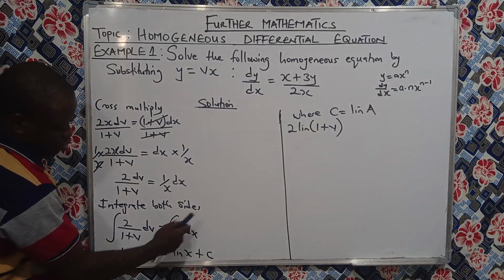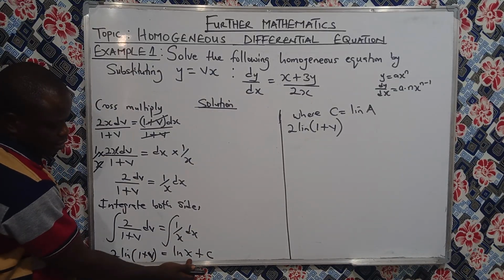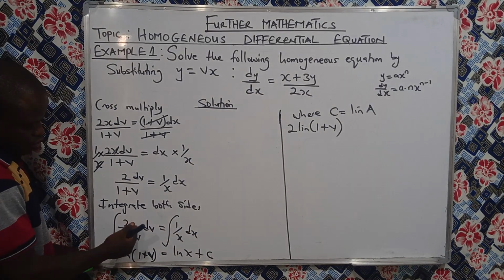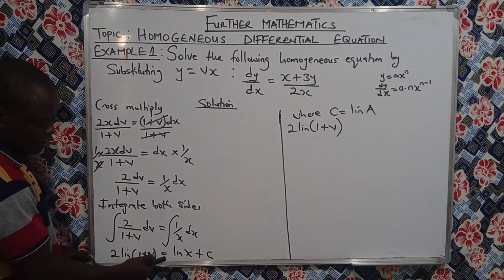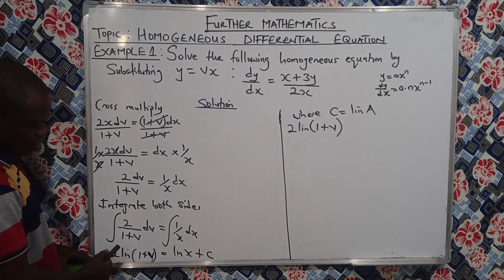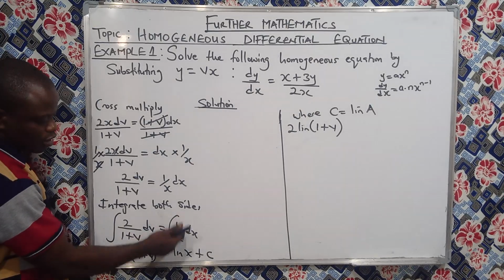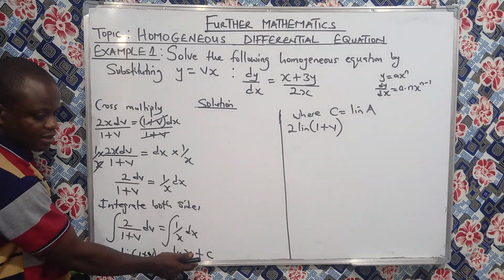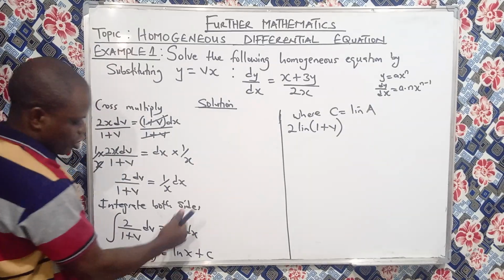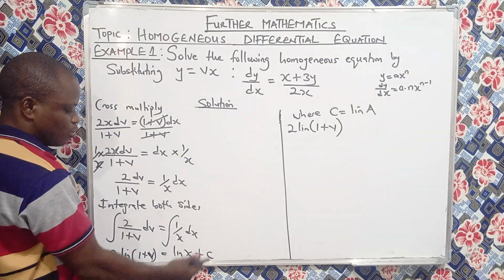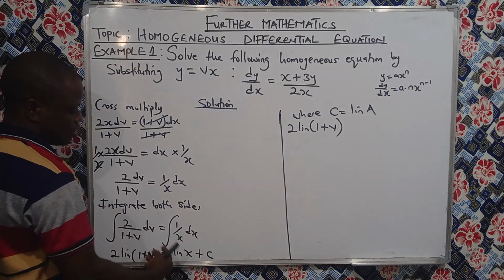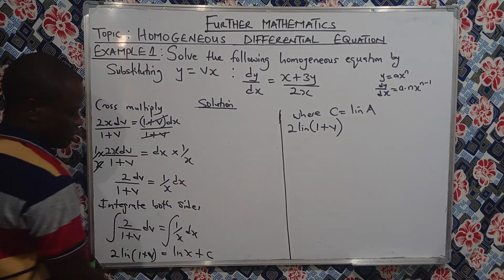This expression, when you have 1 over x, you just write ln x. 1 over 1 plus v gives ln 1 plus v. But this 2 is a constant, it comes out. When you remove the integral sign, you have to put plus constant on the right hand side, because that's where the constant needs to be.